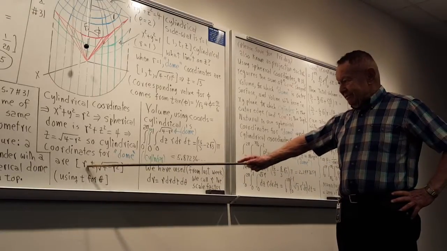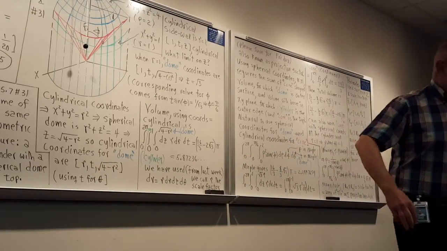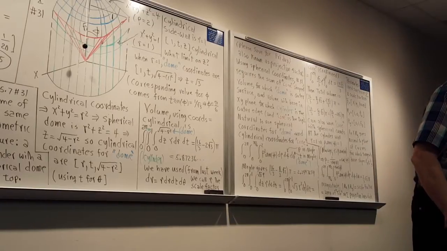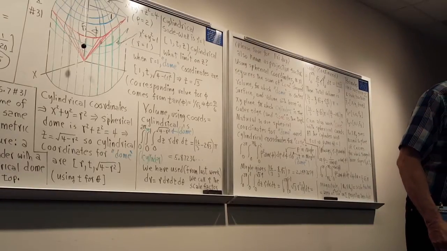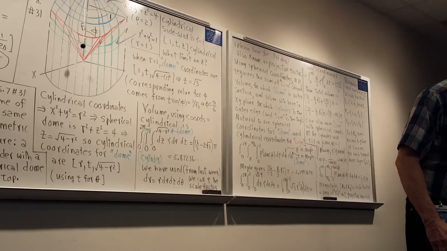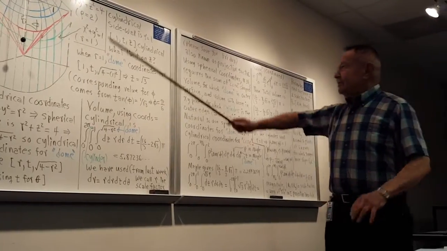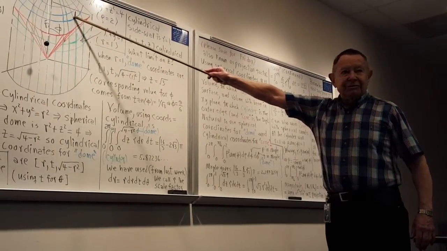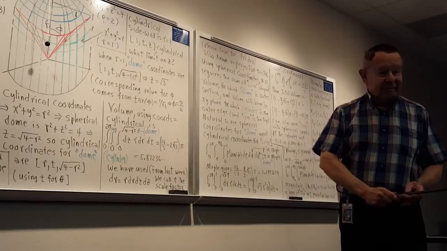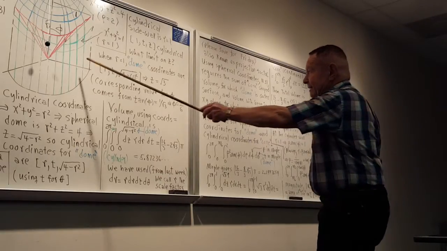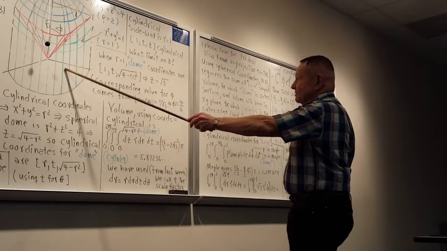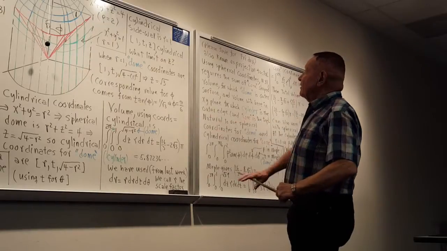You mean that it's cylindrical coordinates. So that's important. If you don't type coords equal cylindrical, you won't get the picture that you think you should get, which would be this dome.